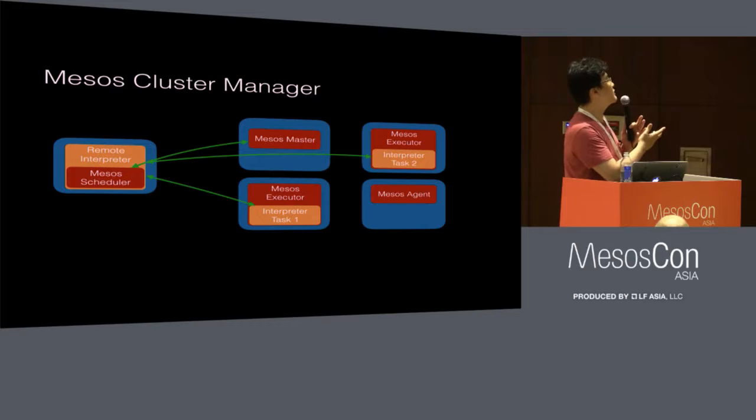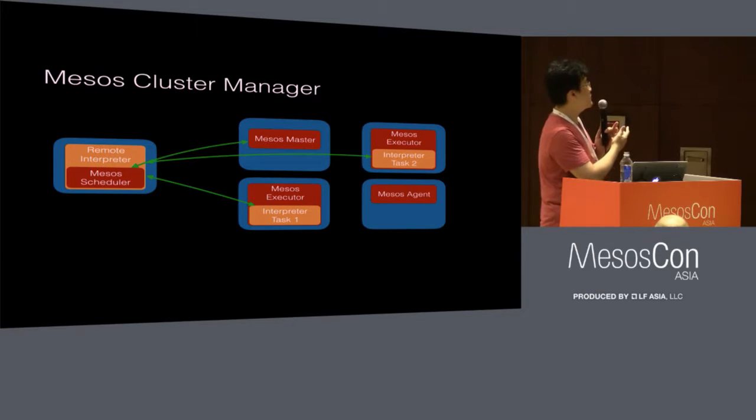If you are using a Mesos cluster environment, the remote interpreter creates the Mesos scheduler inside the remote interpreter, and then the Mesos scheduler sends a request to the Mesos master to create an executor and run the task.